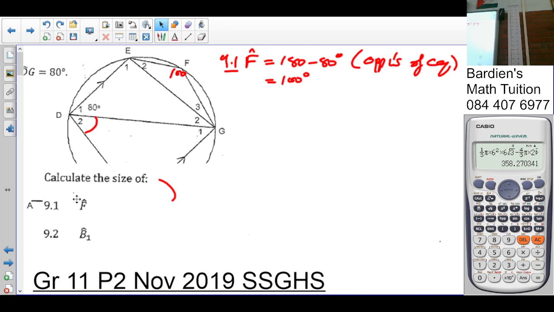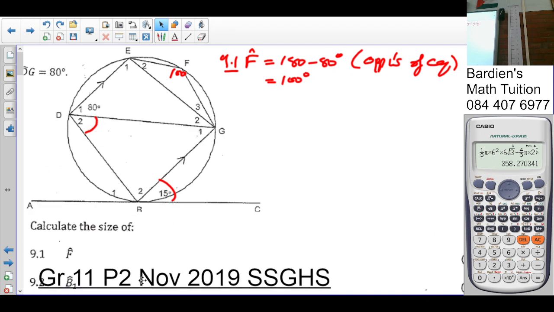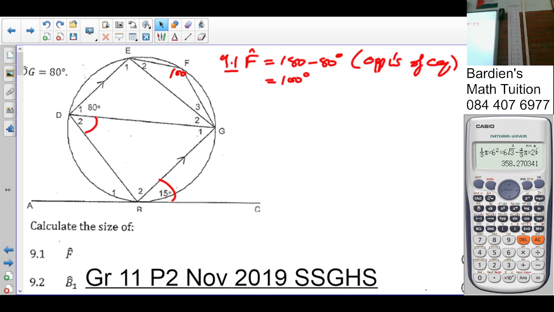Then you also calculate angle B1. B1 is this angle. But B1 is the same as G1. Why? Tan chord theorem. But G1 is the same as 80. Why? Alternate angle. Can you see that, people?